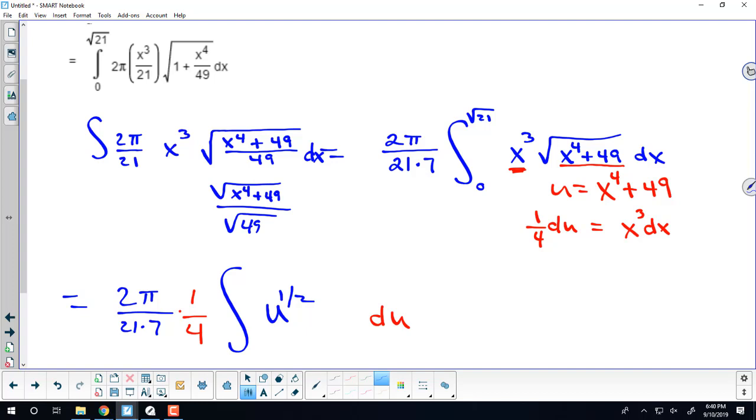I guess it's just a matter of how you choose to approach that. But them noticing that x cubed over 21 times 2 pi was the same thing as 7 pi over 6 du, that's not necessary at all. If that makes sense, then just go with that instead.